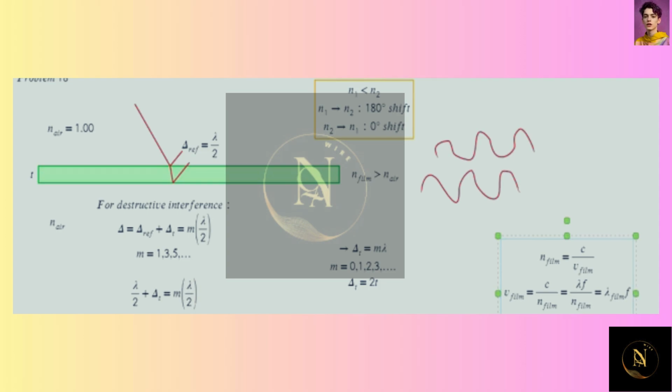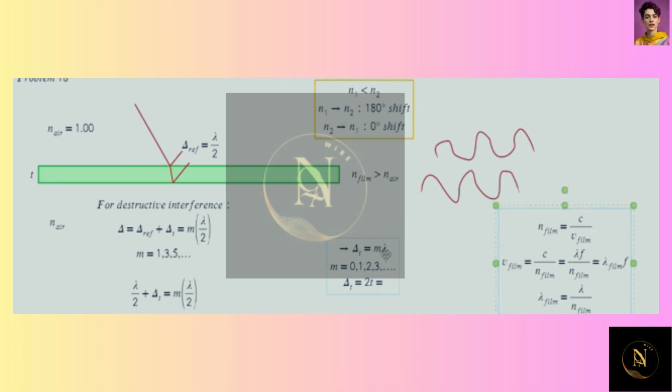So here, this m times lambda, we are actually going to express this 2t in terms of lambda film. So remember what we said before.